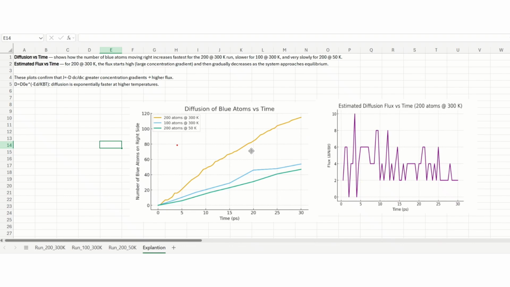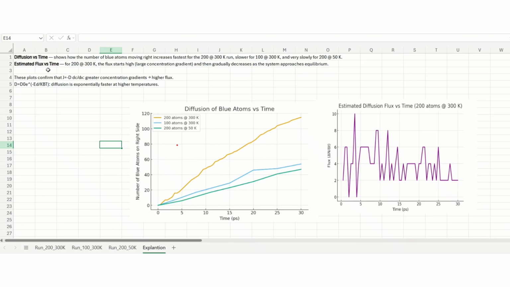Basically, this graph can help us discuss how the 2 equations we were given relate to diffusion versus time. It shows how the number of blue atoms moving to the right increases for 200 at 300 Kelvin, runs slower for this run, and then was very slow for the 200 atoms at 50 Kelvin run.